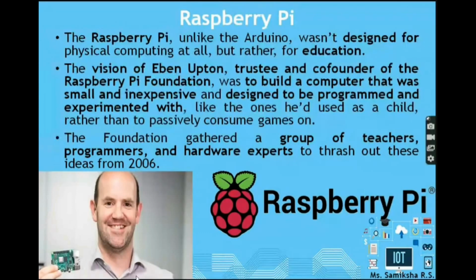So with that vision, he built this Raspberry Pi. So he just did not think of the computer system as a passive station where games will be played, computer games. He thought of building a computer system with which even a child can program and experiment.